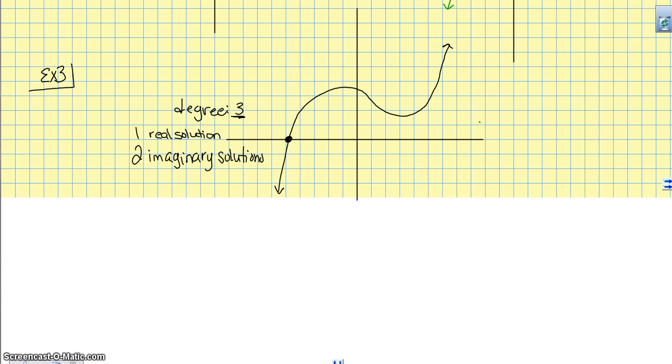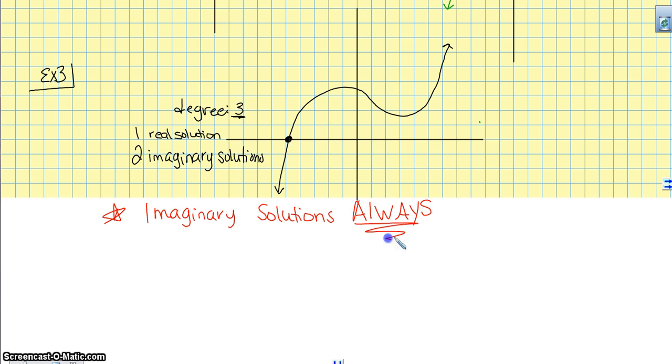The other important thing that I think we need to note here is that imaginary solutions always come in conjugate pairs. We're going to talk more about that a little bit later.